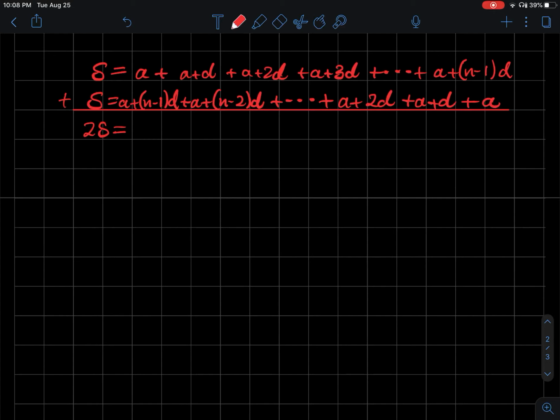Now, let's see. The sum of the first and last terms in this case is 2a plus (n minus 1)d. Interestingly, when we add up all the terms, we get that exact same 2a plus (n minus 1)d. So now we generalized this using arbitrary variables and showed that every time the number that we end up with here is the same as the sum of the first and last term, right?